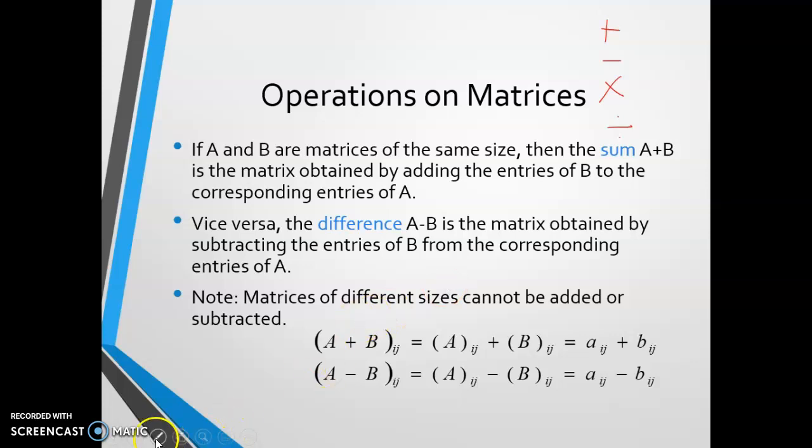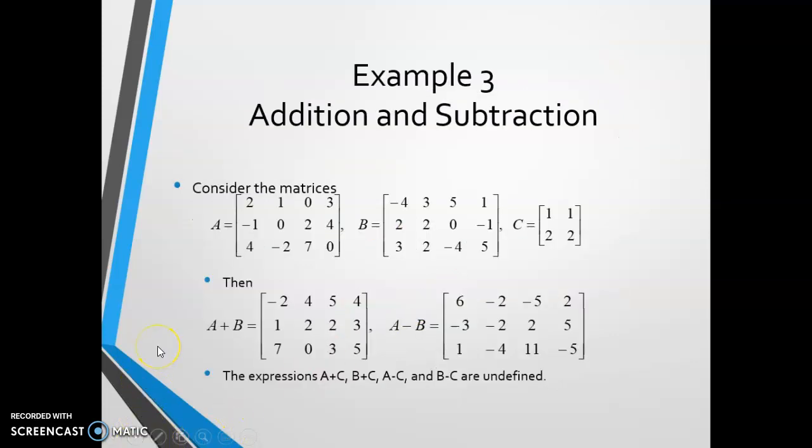So we look at the next example for addition and subtraction. Okay, consider the matrices A, B, and C. Then you are required to compute A plus B. First, we have to check the matrix size. This one has 3 times 4. For B, samalah, 3 times 4.